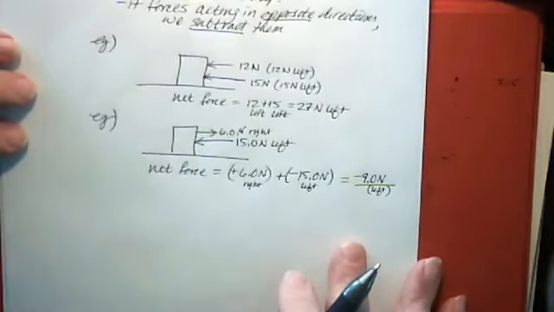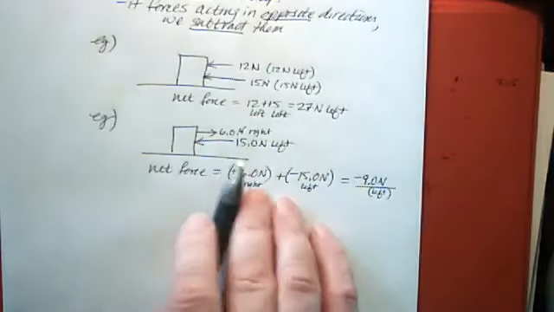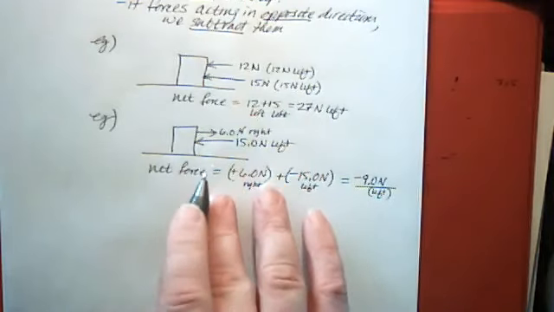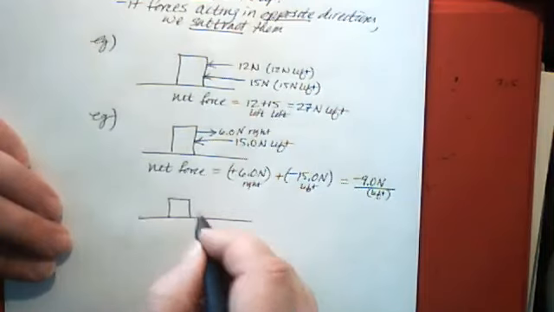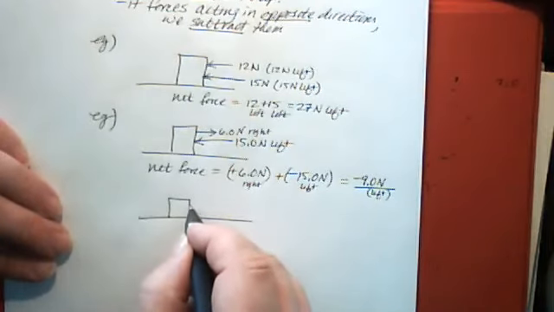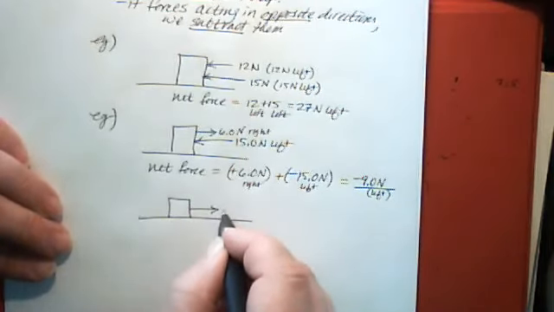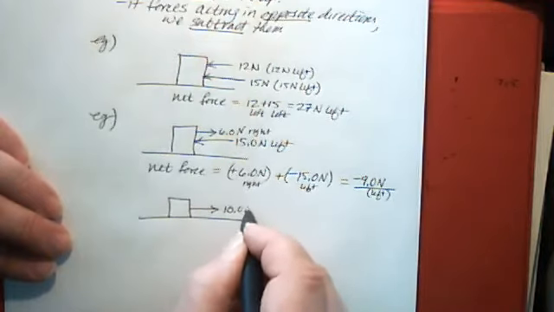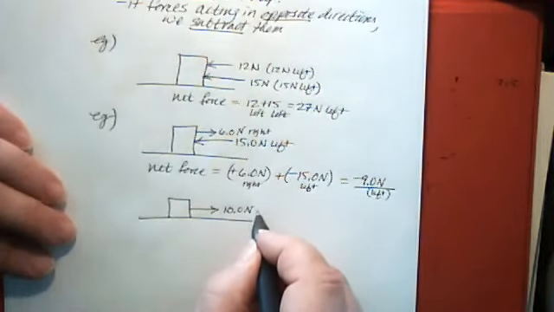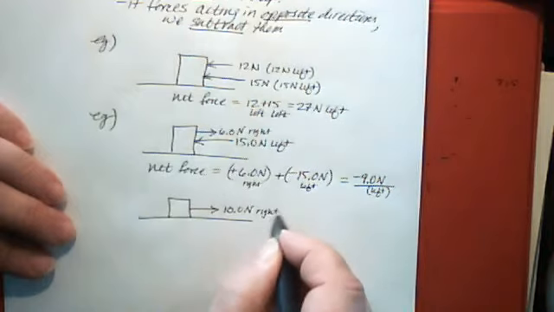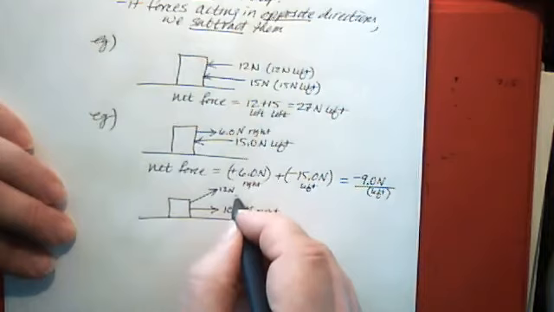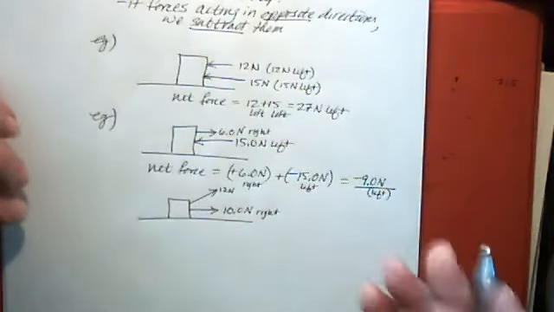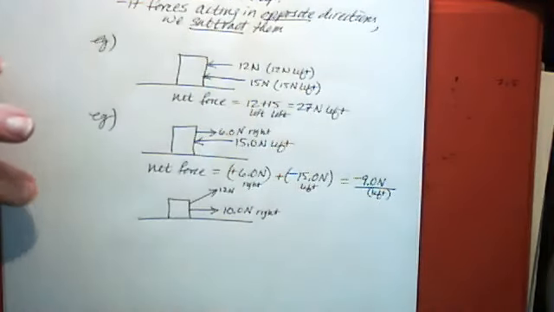It's certainly possible that you would have forces acting at an angle to each other. Say 10 newtons to the right and 12 newtons kind of at an angle, sort of upward and to the right.